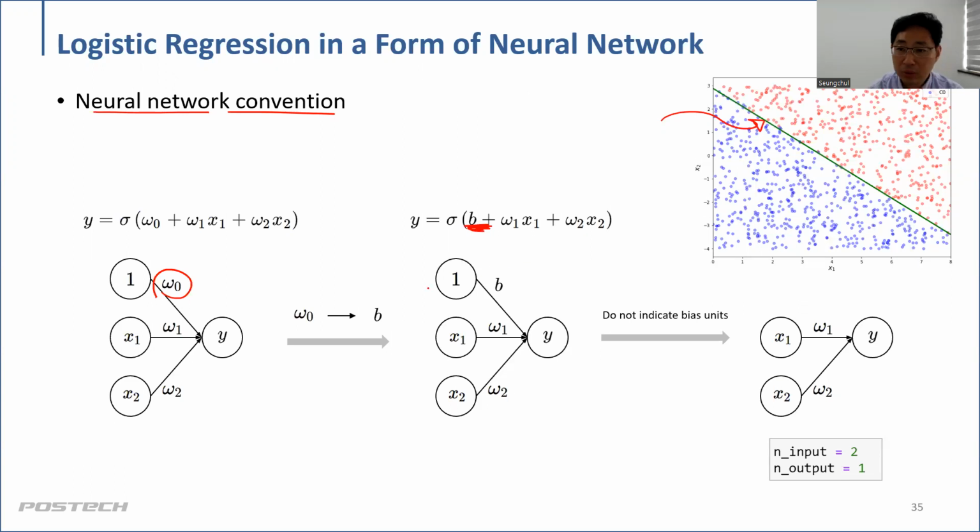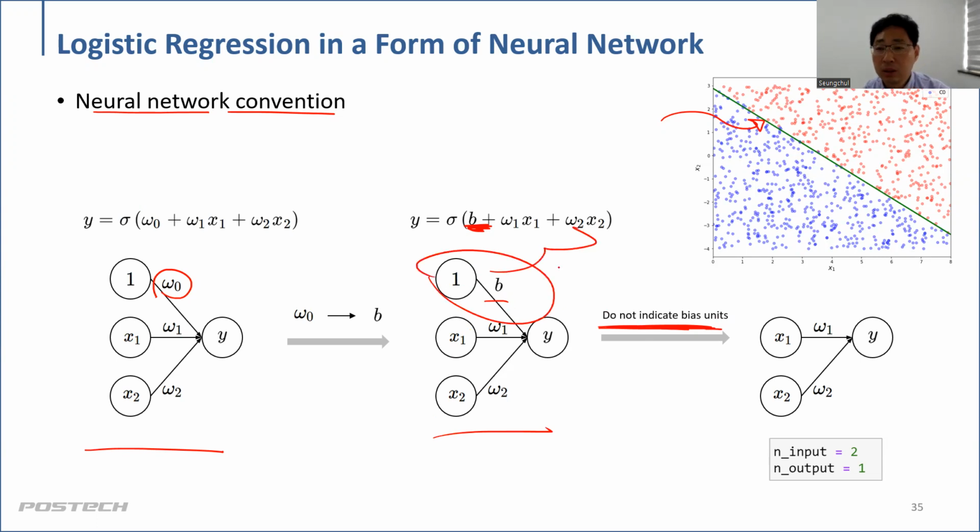So when you draw something, I'm not going to indicate the bias unit because we already know. Starting from here, like perceptron, I change to B, and I'm going to remove it, although we do have bias neurons. So this is the graphical representation of an ANN, in this case the same as logistic regression.